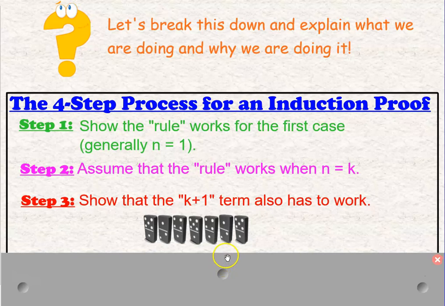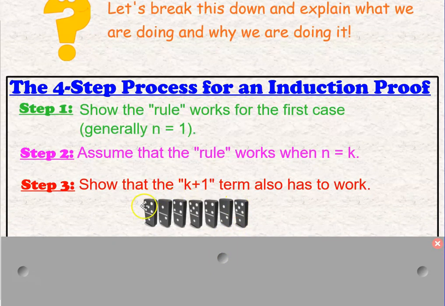And the reason why this is working is, look, it's like dominoes. If we establish that the first domino is going to fall, and I can show you that the very next domino following a domino that fell will also fall, doesn't that mean that if we push the first one over, we know that the next one, the k plus 1, the second one, is going to fall?